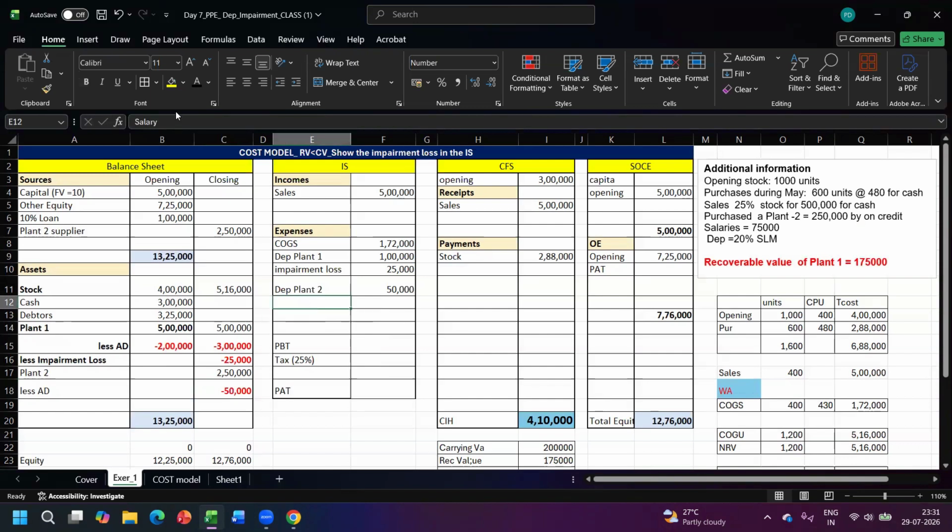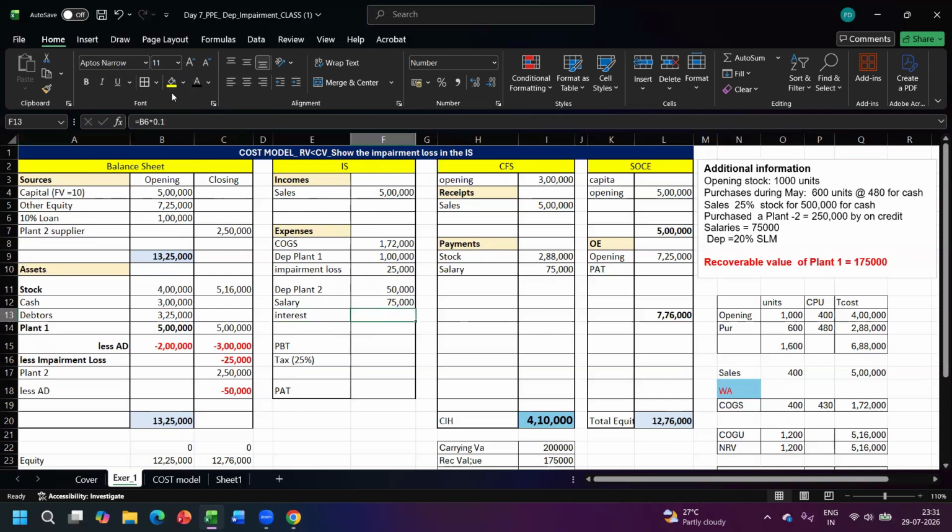The other expenses are salary. The salary is paid, 75,000. We assume that salary has been paid, and no liability to that extent. Then there is interest, because there is a loan.